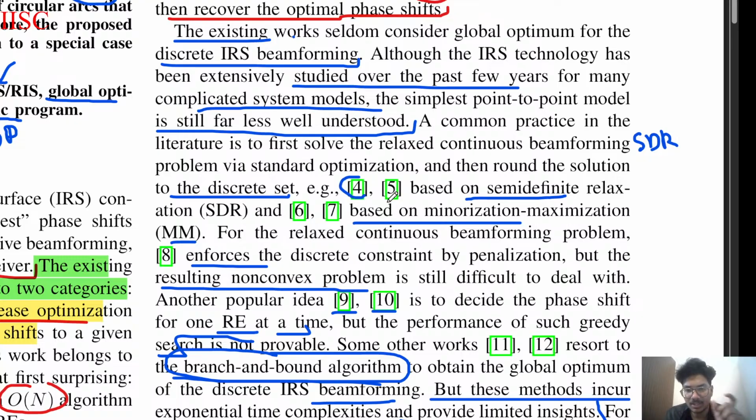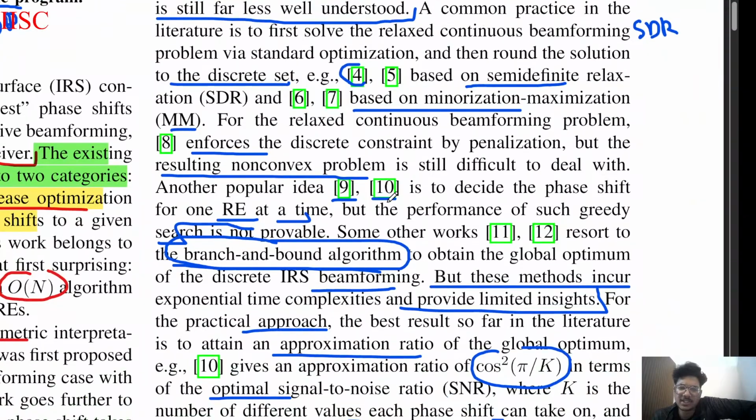Another popular idea in papers 9 and 10 is to decide the phase shift of each reflective element at a time, but the performance of such a greedy search is not provable. Papers 10, 11 and 12 use the branch and bound algorithm to find the global optimum for the discrete IRS beamforming, but these methods incur exponential time complexity and provide limited insight.